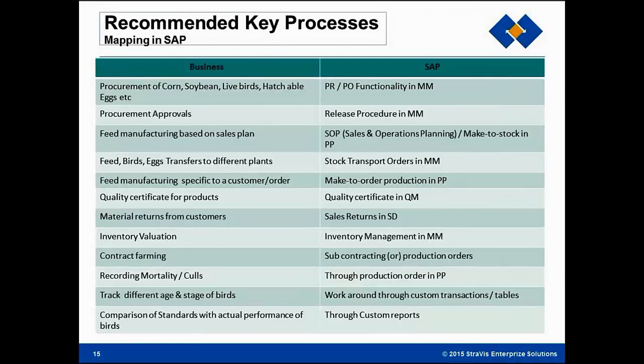Now let's look at the costing component. The costing is a very peculiar thing here in poultry. If you look at the parent farms, the egg is the most valuable item from a parent farm, because this egg will be hatched and will be sent to either broiler farms or layer farms, which is a finished product again from the parent farm perspective.